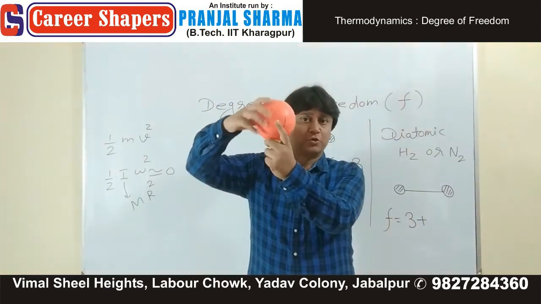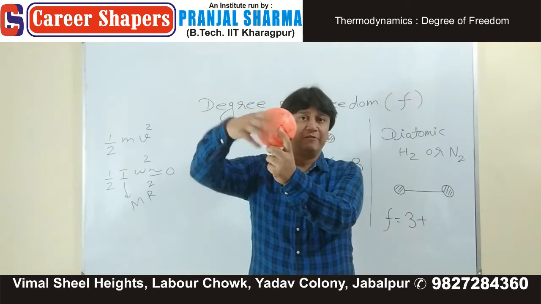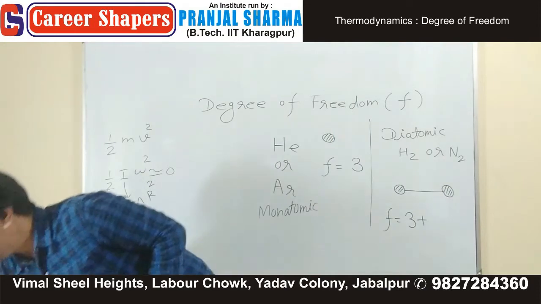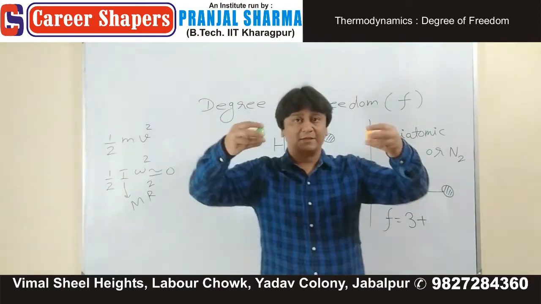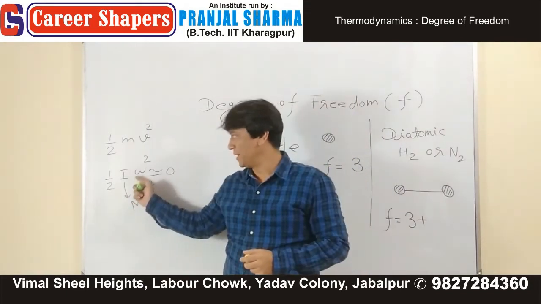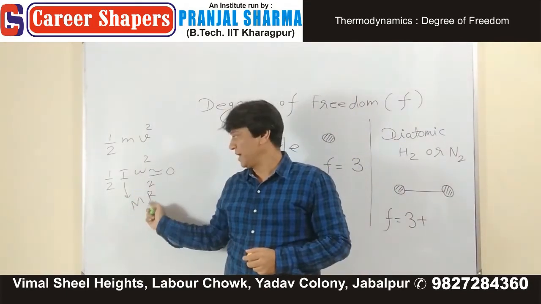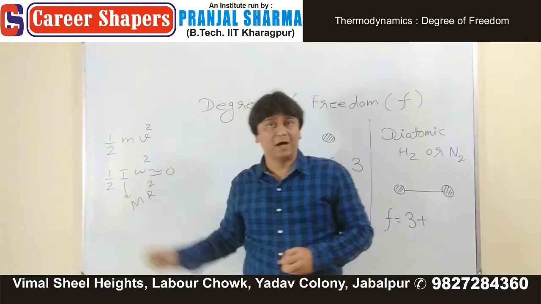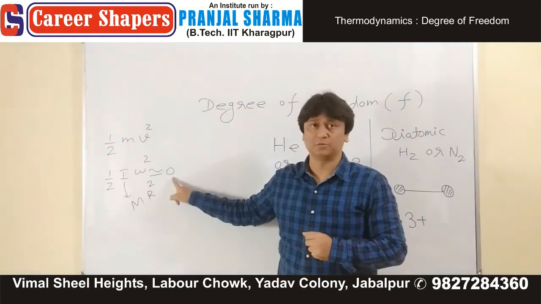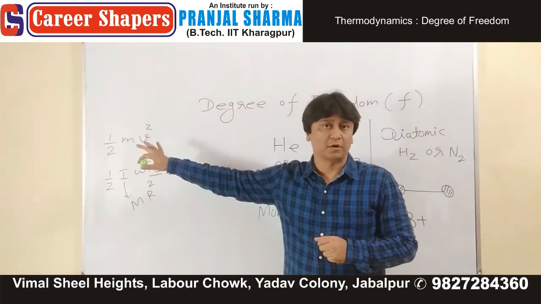So individual atoms are rotating this way. So about the x-axis, you're basically talking about half I omega square, I of mr square type, where r is the radius of the nucleus, which is negligible, and therefore forget about it.